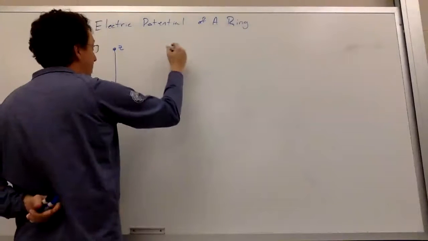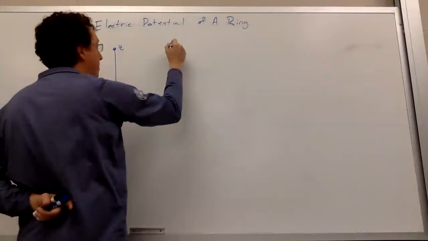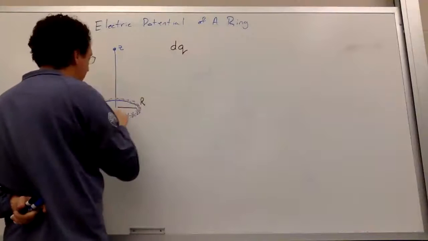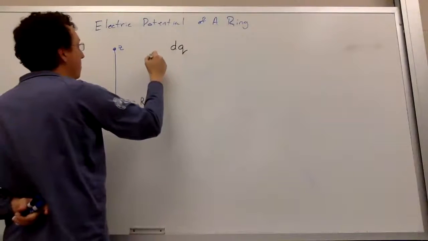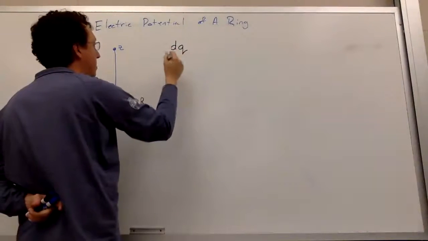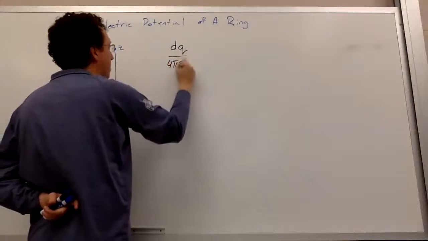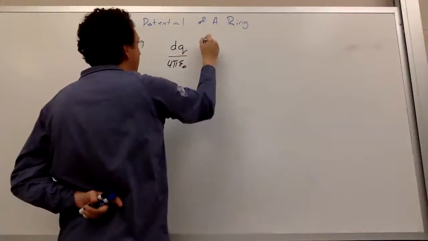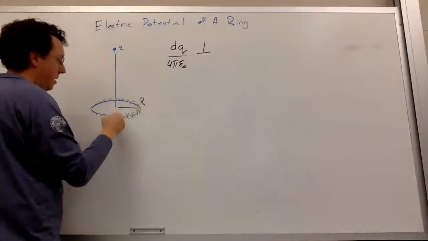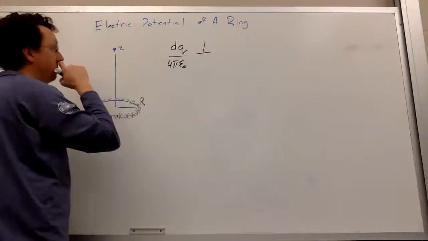Each little teeny tiny bit has a charge dq, and the formula for the electric potential it would generate is dq over 4 pi epsilon naught, times 1 over the distance from each little bit of source up to the place where you're making the observation.